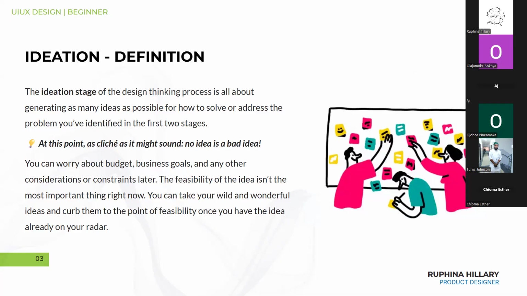Now we want to go ahead with ideation, thinking about solutions to the problem. So how do we dive head first? How do we know that the solution we are thinking of is the solution that will solve the problem we are looking at?